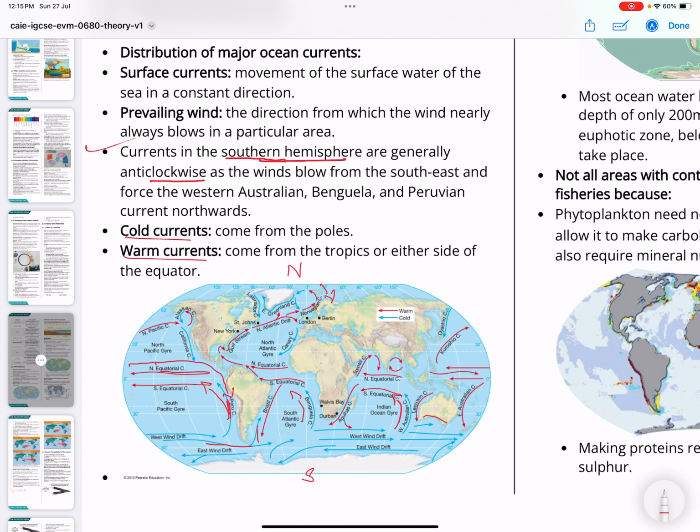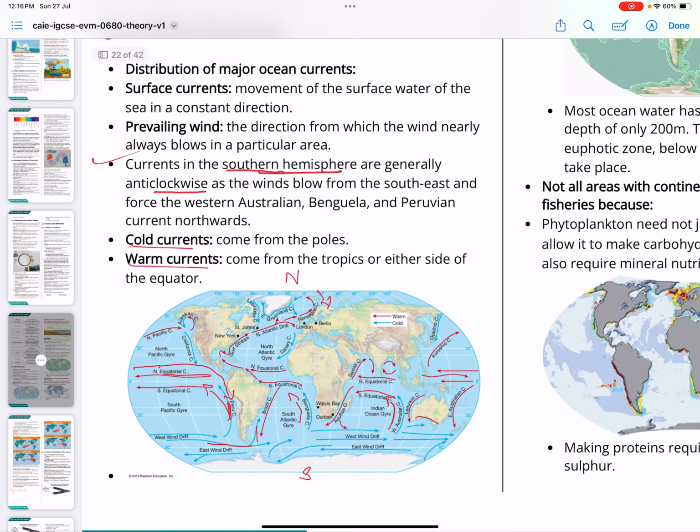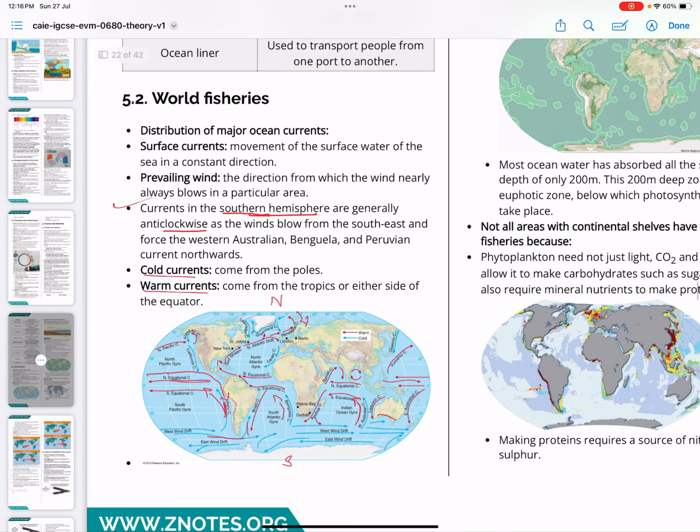However, in the northern hemisphere, above the equator, the currents or the wind direction is clockwise. A question can come in the examination asking you to draw the direction of the current, so you need to be aware of it. This is something related to the water temperature and the currents.